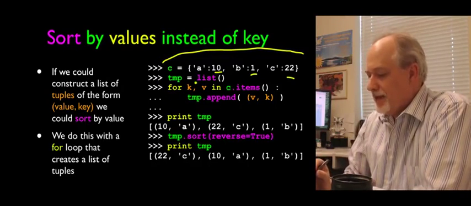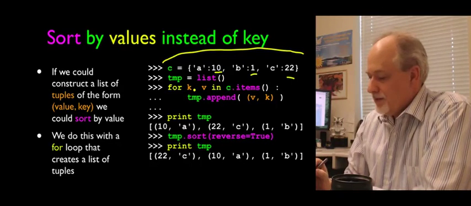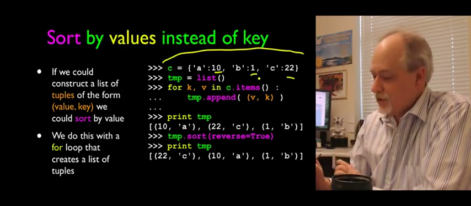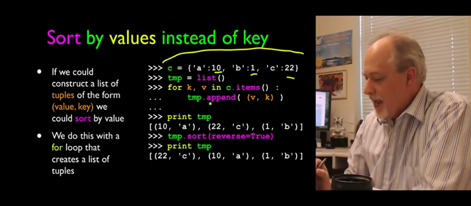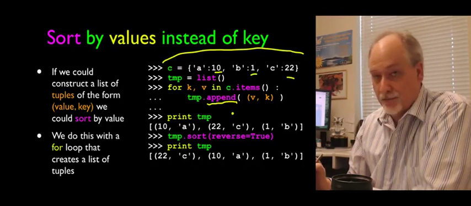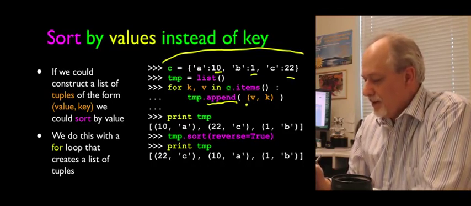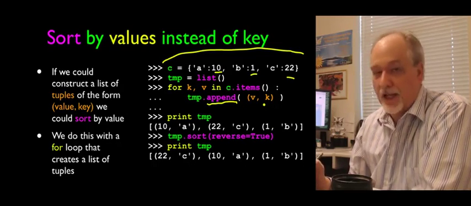We want to maybe see the most common, or sort by the values. And so we're going to make a temporary list, and then we're going to loop through the items. So this is going to just loop through them in non-sorted order. And we're going to add, using the append operation, to this little list that we're making, but we're going to add a tuple that is value comma key.